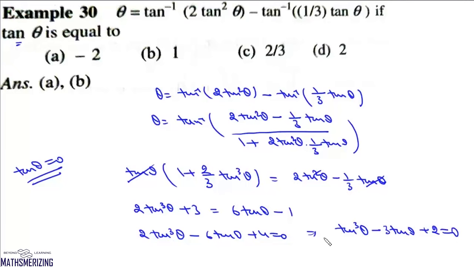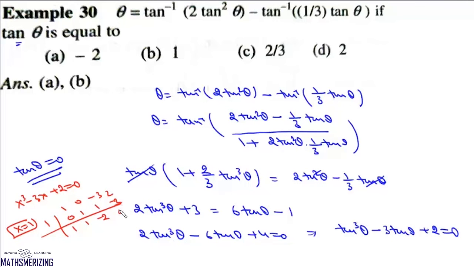Now it's a cubic equation. We need to find the roots of this cubic equation, which is x cube minus 3x plus 2 equals 0. One of the solutions is x equals 1. Now we'll use synthetic division. So this is 1 and this is 1, 0, minus 3, 2. This is 1. Now 1, minus 2, 0.